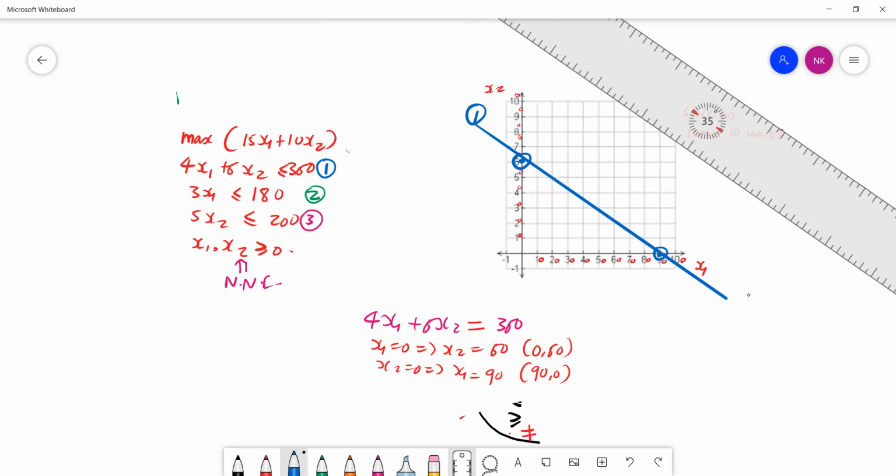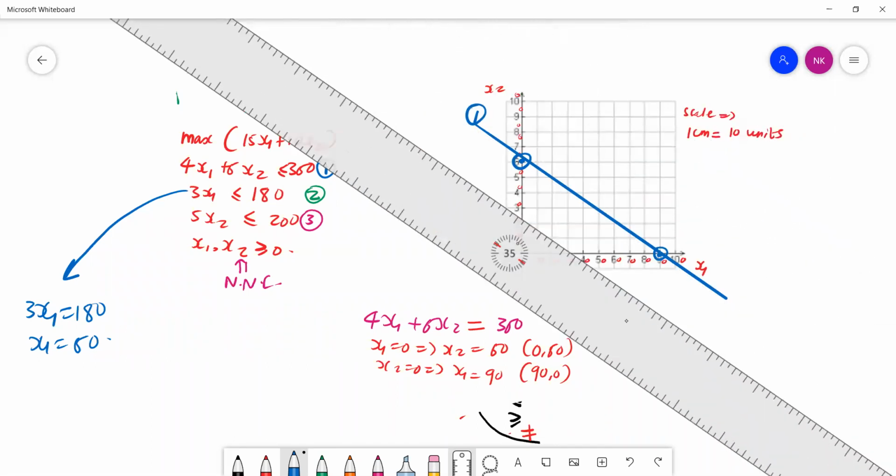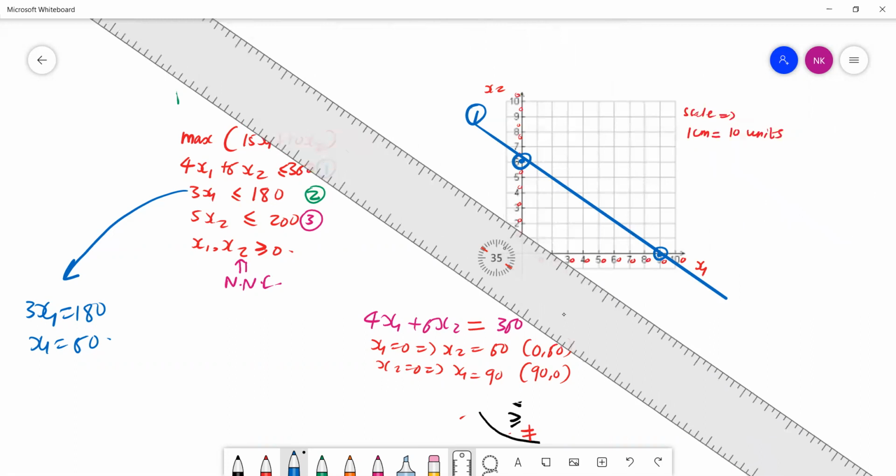Now the second constraint is 3x1 less or equal to 180. So I will be converting it into the equality sign: 3x1 equals 180, so x1 will be equal to 60. I don't have x2, so what type of line would I be having? Can anybody suggest?